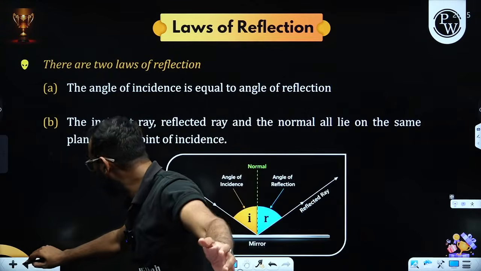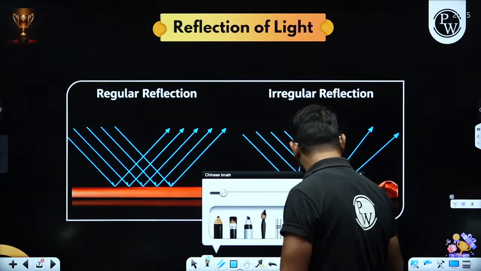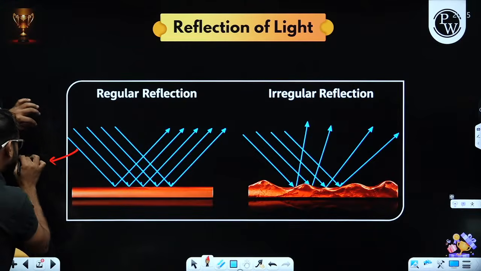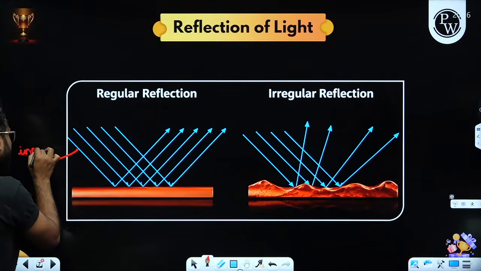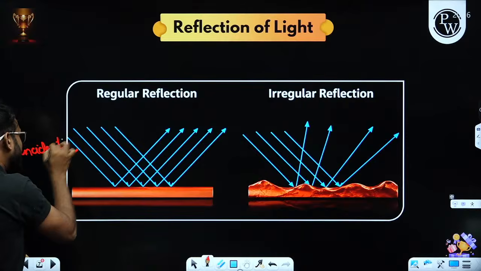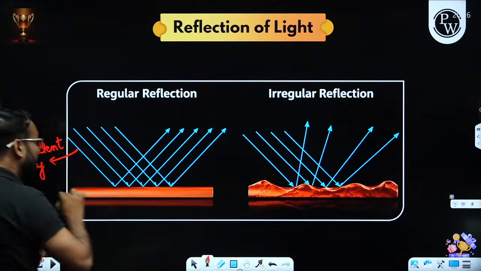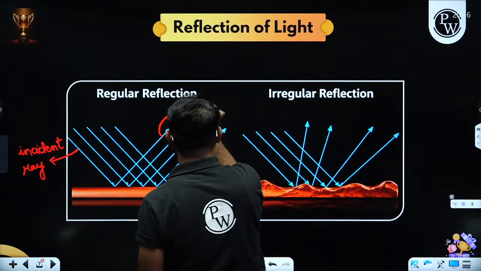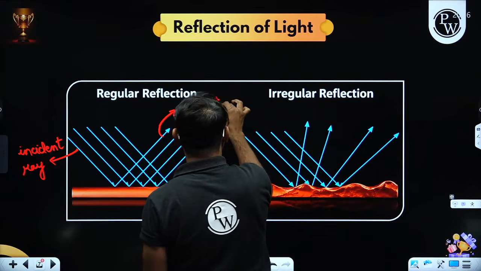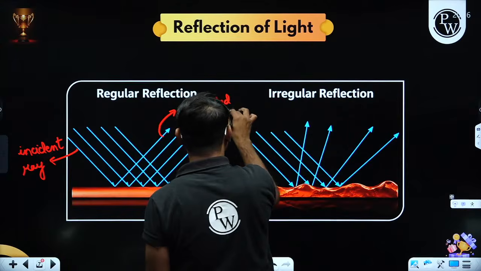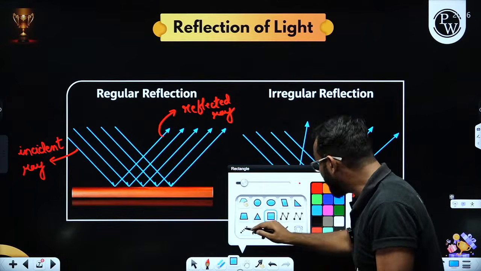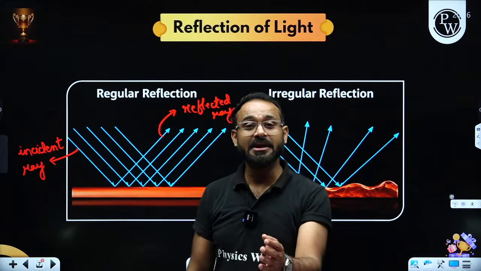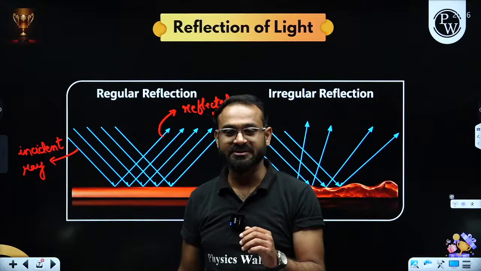So, to help you understand, if you look at this diagram, the ray which is coming is called the incident ray. Whereas the light ray which is going back after striking the surface is called the reflected ray. So what is normal? In mathematics and physics, normal is nothing but perpendicular to the surface.